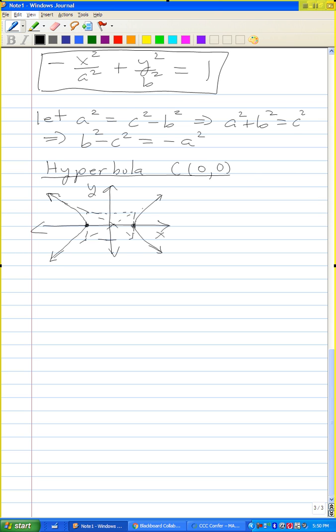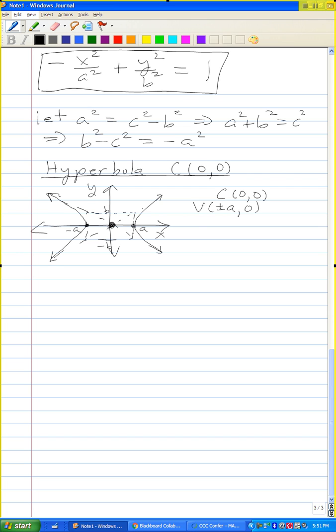Then I have that the center is at the origin. This would be b, minus b, a. The vertices are at plus or minus a, 0. The real axis is the x-axis.